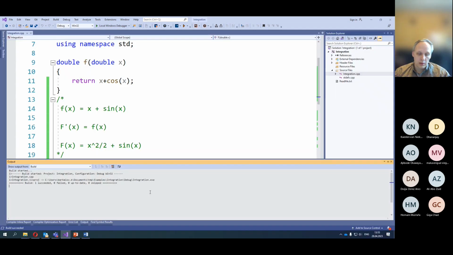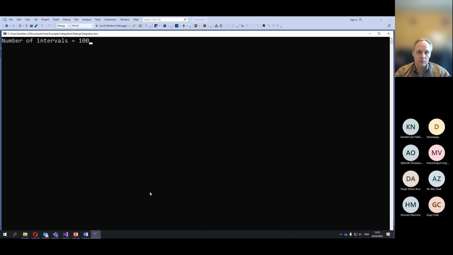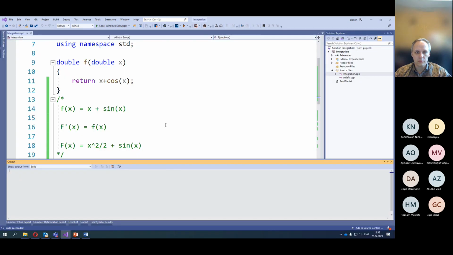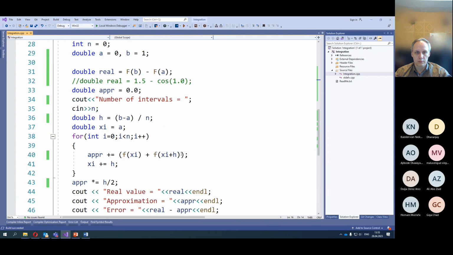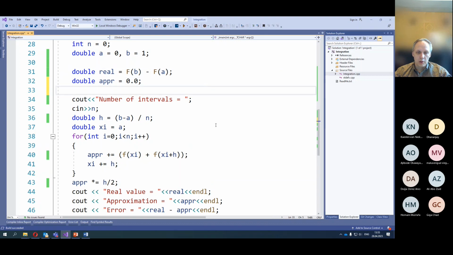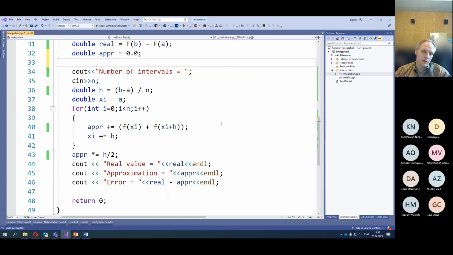If I increase the number of steps, the quadratic rate of convergence will hold. Well, this is one of the simplest rules, the so-called trapezoid rule.